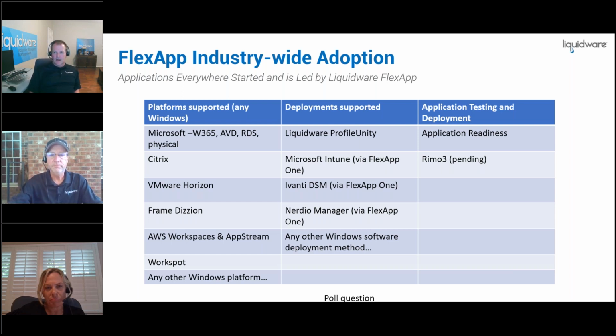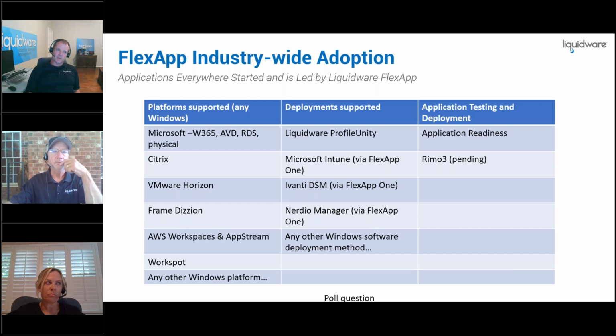So, and then application testing and deployment. We've had several companies in this space, about 4 different ones, very interested in reaching out to us. The one that's led this industry with us, that's led in this integration with us, is a company called Application Readiness. You may know them as Readiness. The founders there came out of Changebase from years ago.